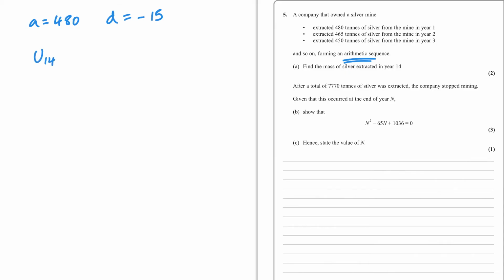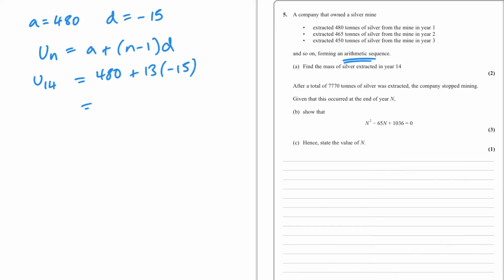So thinking of my 14th, remember that this formula comes from the standard one, un equals a plus n minus 1 d. So a is 480. We want 13 lots of minus 15. And we get 285.